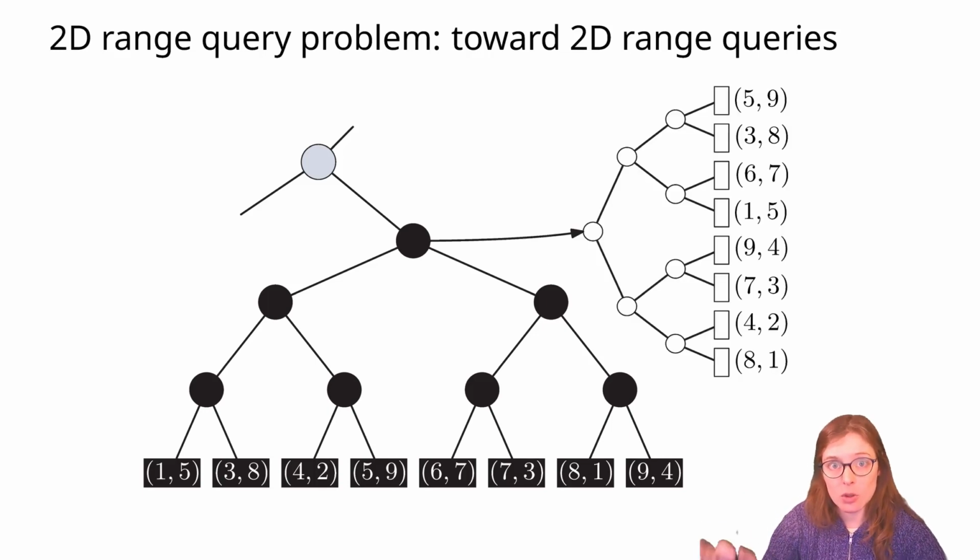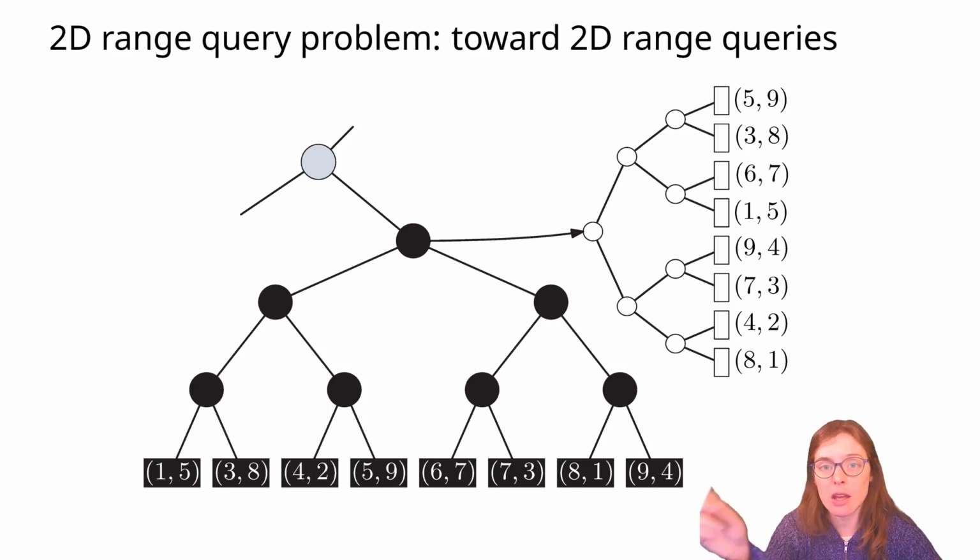We can again use the one-dimensional range query structure, but now sorted by the y coordinate. And of course, now we need to have such an auxiliary data structure attached to each internal node to be able to answer all queries that are possible.